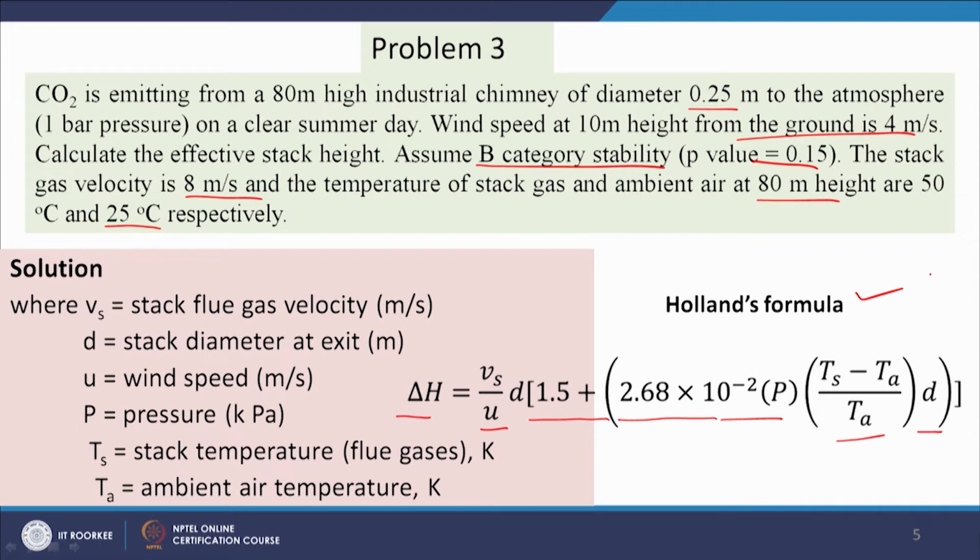So, here we have to put the values of D, the stack diameter in meter, already given, then U value at 80 meter we have to calculate. It is given as 4 meter per second at 10 meter, we have to calculate this U. V s, the stack flue gas velocity, is given, and T s, T a are given, P is also given. So, now we can get the value of del H.